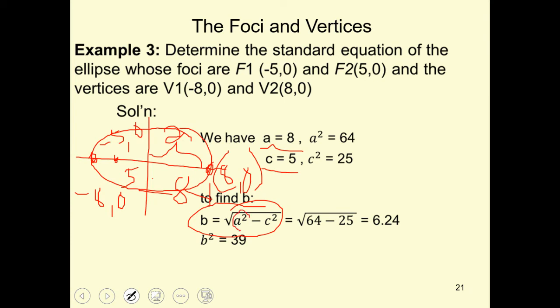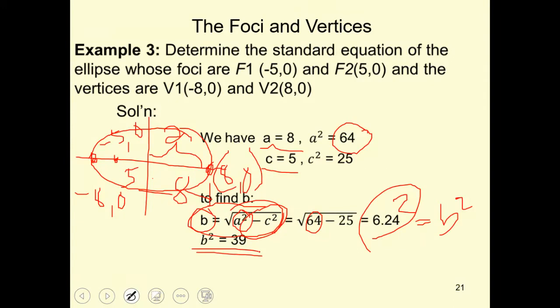A squared is 64 minus 25, the C squared. So that is equal to 39. This is B, so B squared is 39.